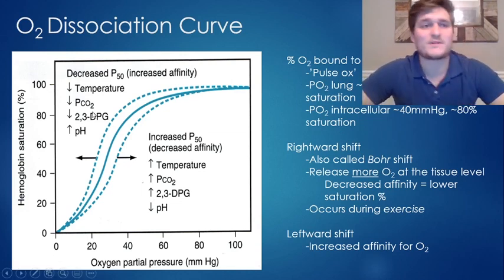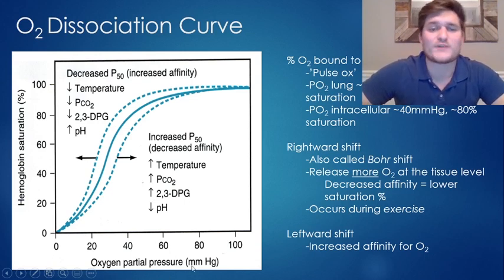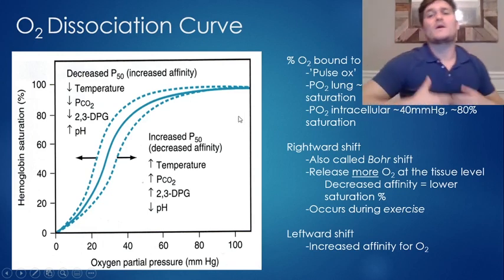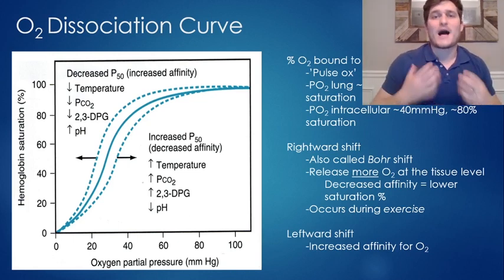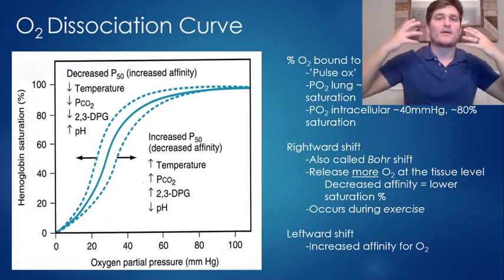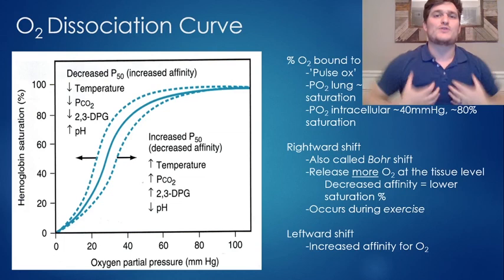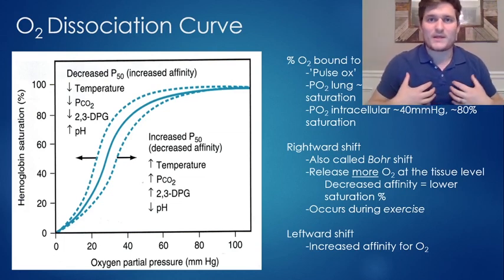And this is going to be dictated by the partial pressure of oxygen in the area of the body. So for example, if we're talking about the lung, the partial pressure of oxygen in the lungs is very high because we're taking in air from the atmosphere, and that contains oxygen, and so there's going to be a high concentration of oxygen within our lungs.